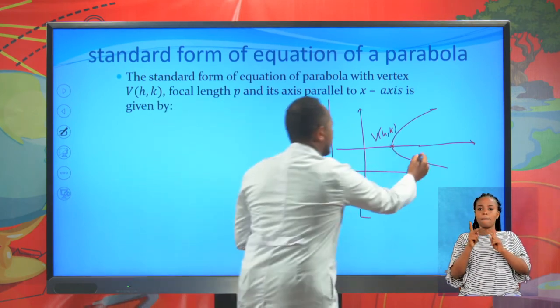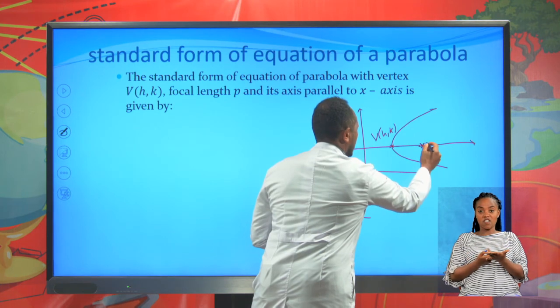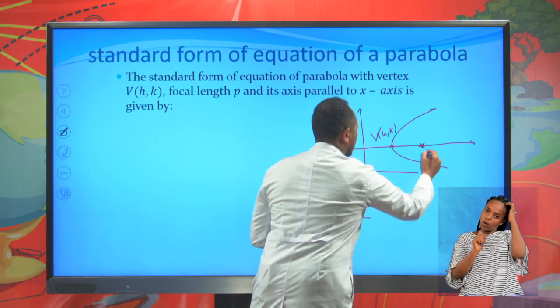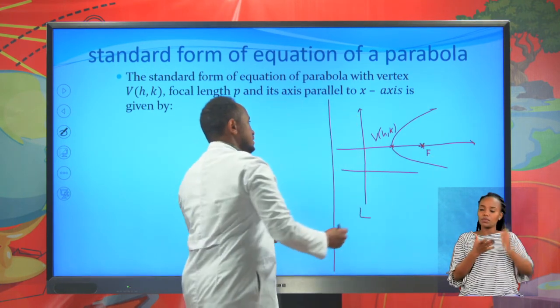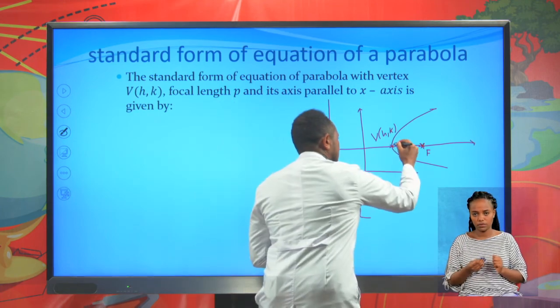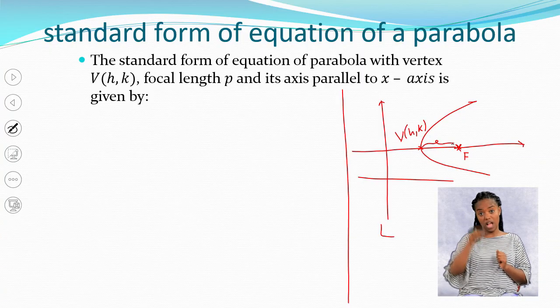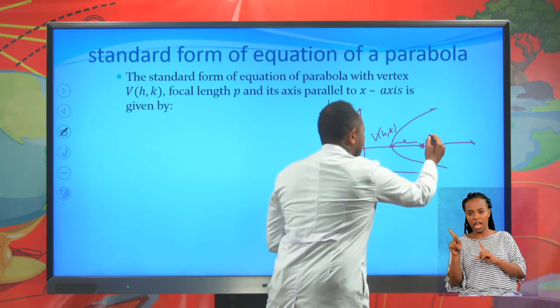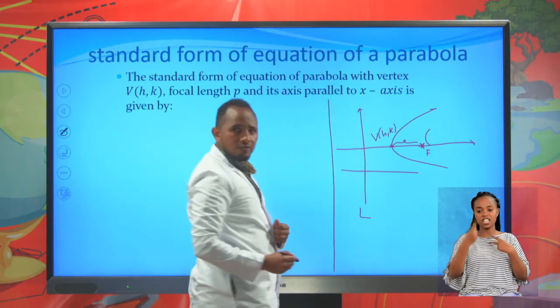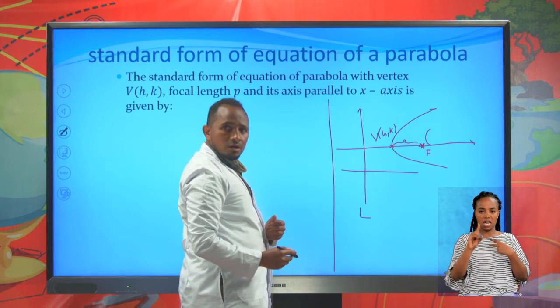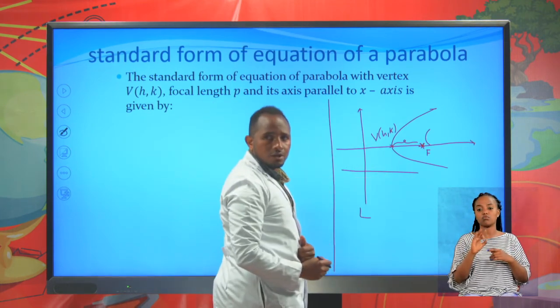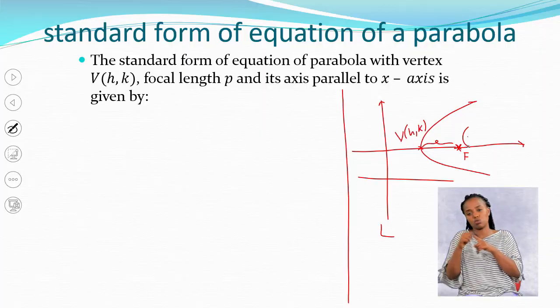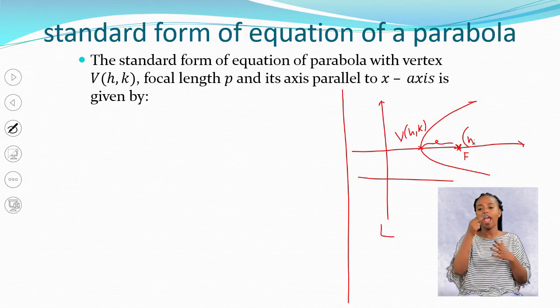And here we have the focus F. We know that the distance from vertex to focus is p, so we can find the coordinates of the focus. It moves p distance to the right, so it is (h plus p, k).